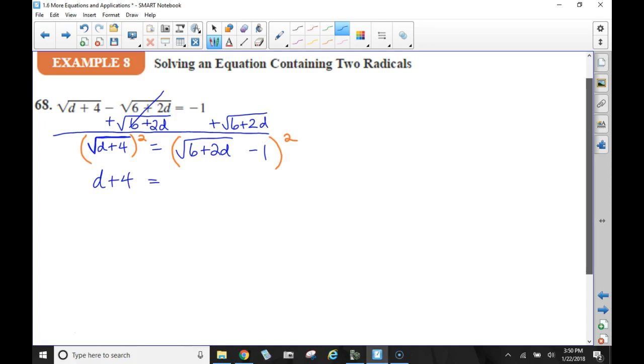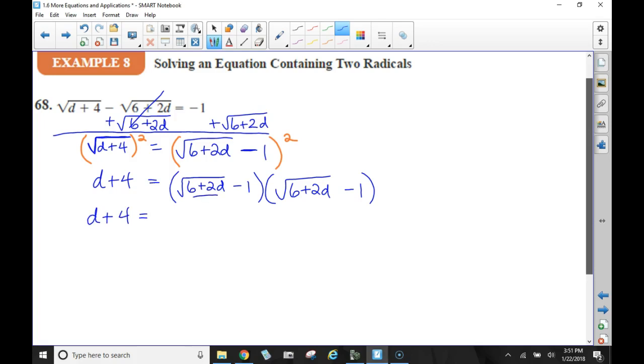On the right-hand side, again, because we have two terms, we need to expand this out and FOIL. So we're going to have the square root of 6 plus 2d minus 1 times the square root of 6 plus 2d minus 1. Let's bring down the d plus 4, and then we'll FOIL out on the right-hand side.